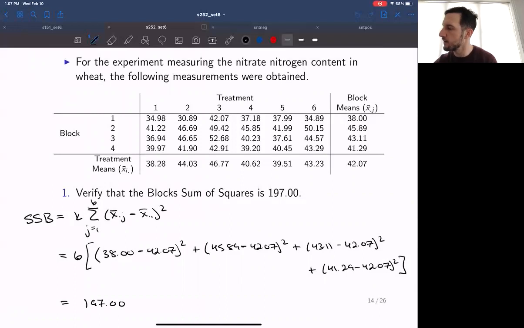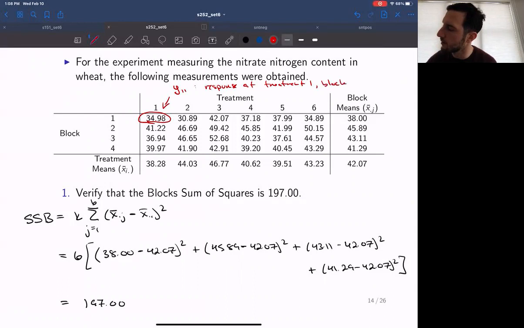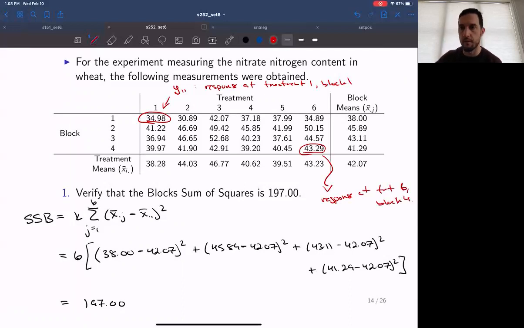So for example, here, this value, 34.98, this would be designated Y11, and this is the response at treatment 1, block 1, right? Whereas this value here, for example, this would be the response at treatment 6, block 4.